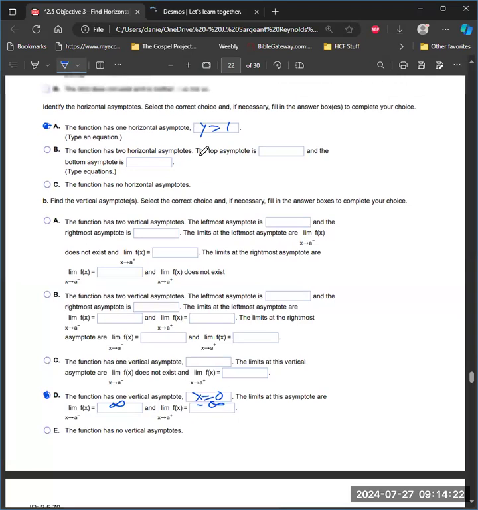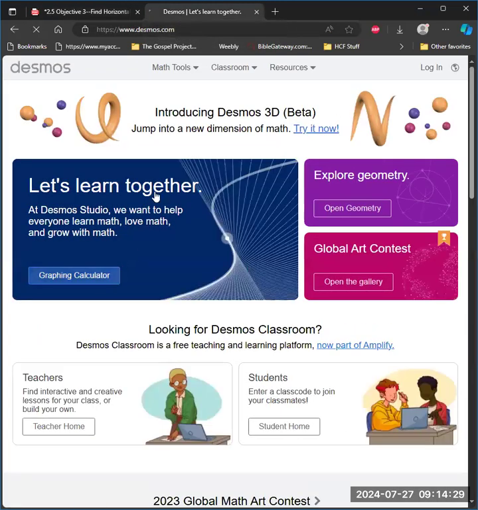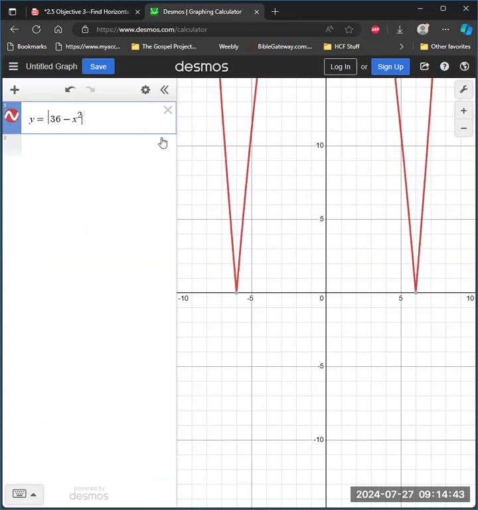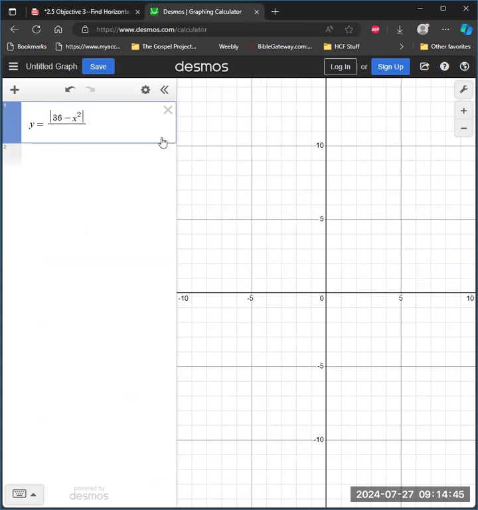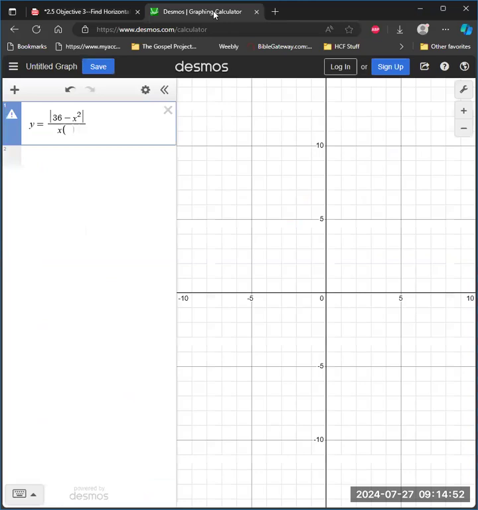Look at y equals the absolute value of (36 minus x squared) divided by x times (x plus 6).